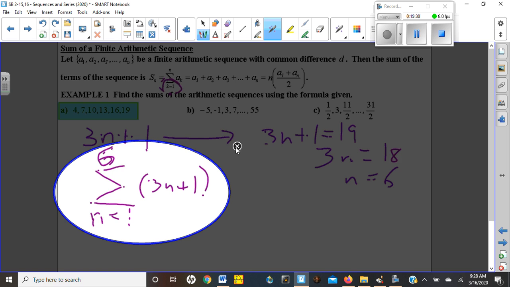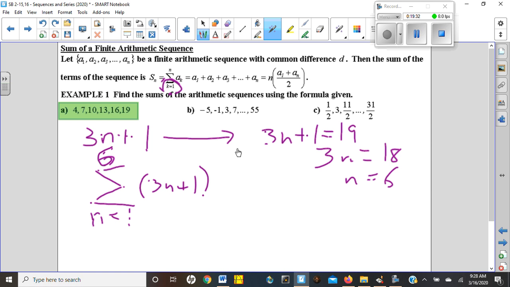So please get used to practicing writing that summation statement, but then you just go right into using the formula. The formula is the number of terms, which we know is 6, multiplied by the first term, which is 4, plus the last term, which is 19, divided by 2.